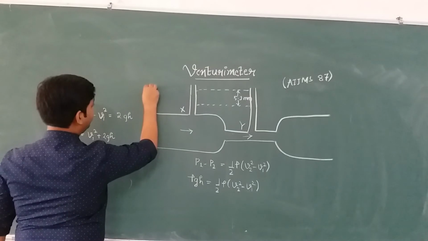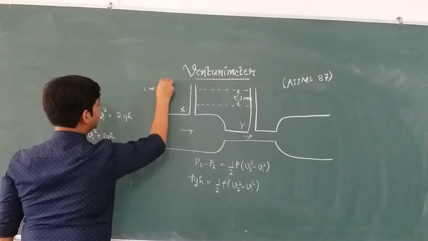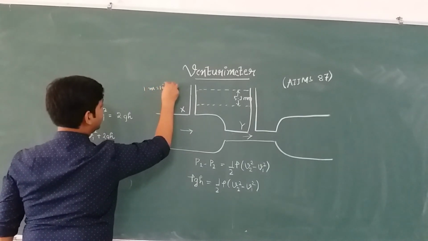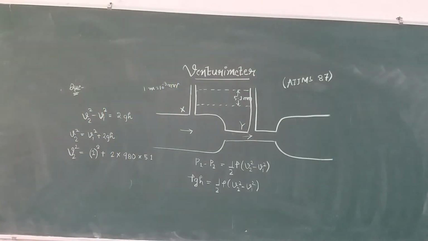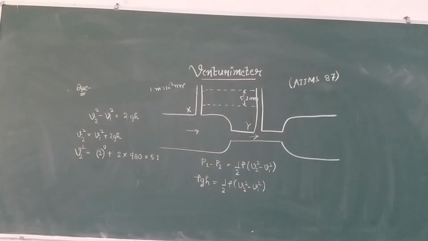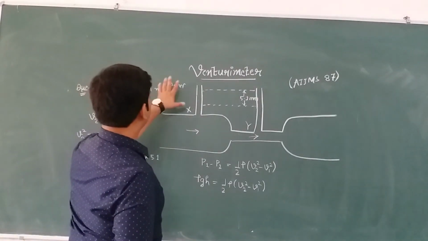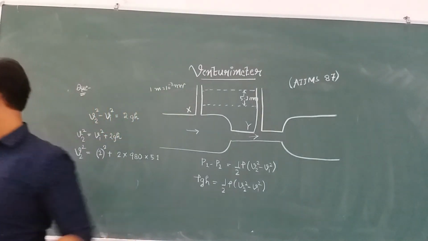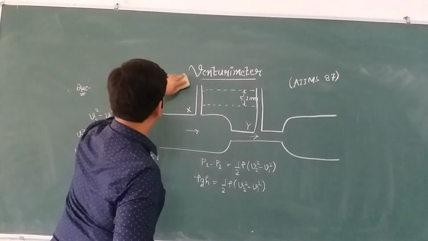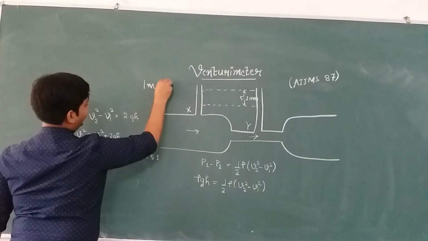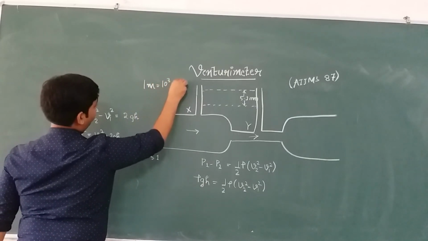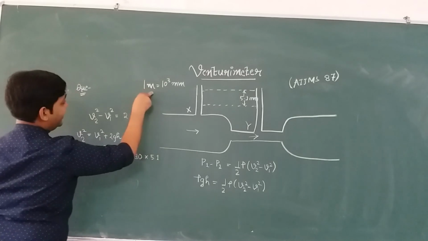So 1 meter is equal to 10 to the power minus 3 mm. Sorry, 1 meter is equal to 10 to the power 3 mm. Let me correct it here. And it can be written as 100 centimeter.